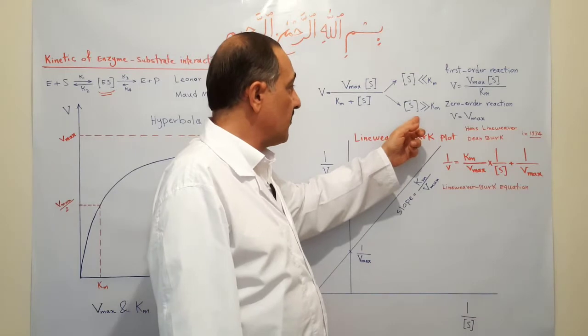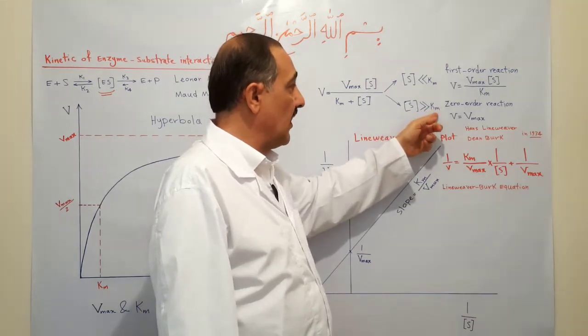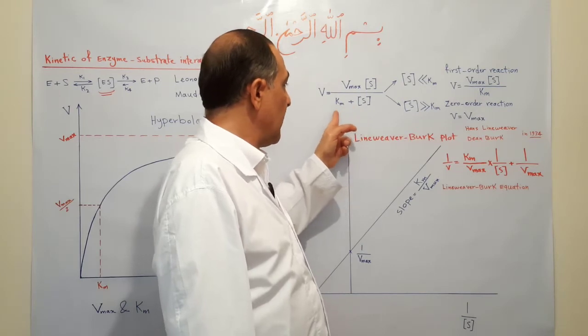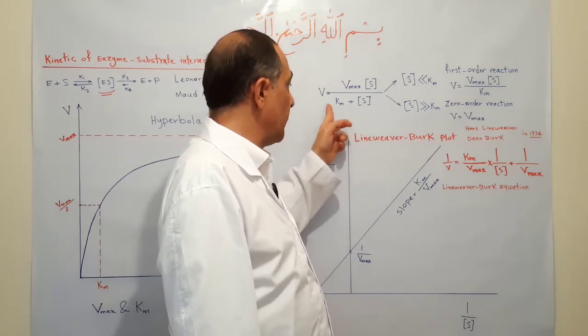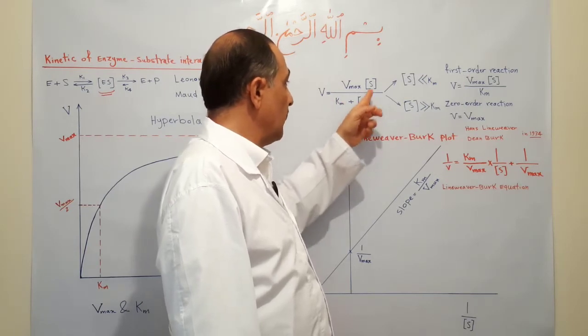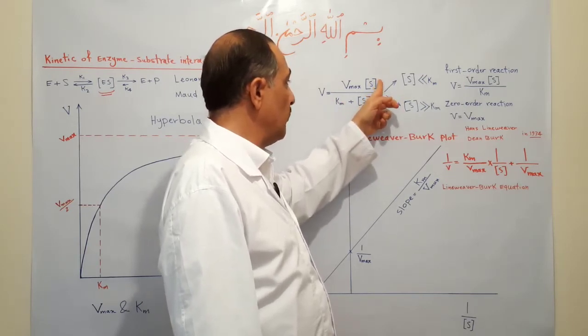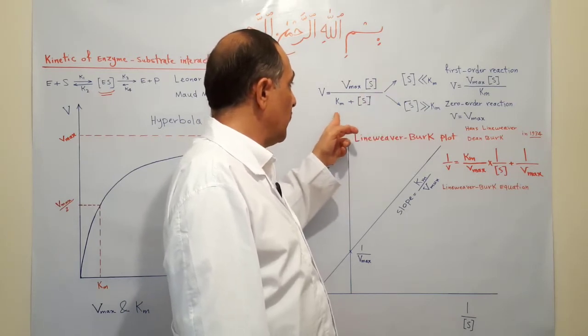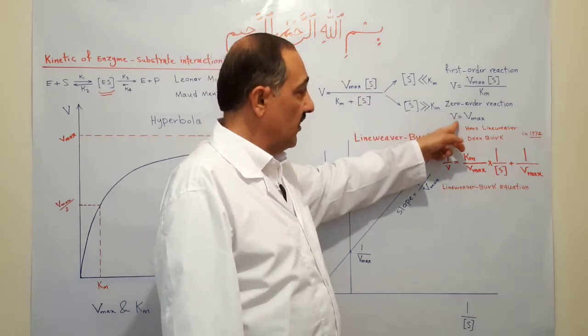When substrate concentration is very greater than Km value, the Km value in denominator will be very small and can be ignored, and substrate concentration in numerator and in denominator are cancelled, and this equation is changed to this equation.